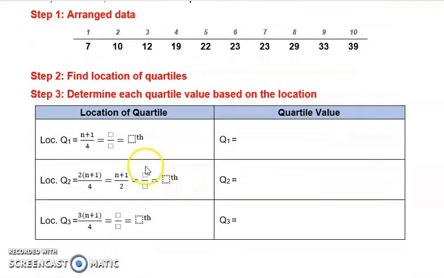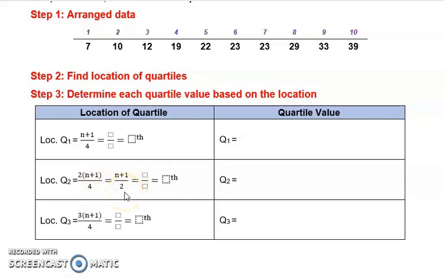The location of Q1 is given by (n plus 1) divided by 4. Since we have 4 quarters, we divide by 4. The location for Q2 is given by 2 multiplied by (n plus 1) divided by 4. When you simplify this formula, you get (n plus 1) divided by 2.